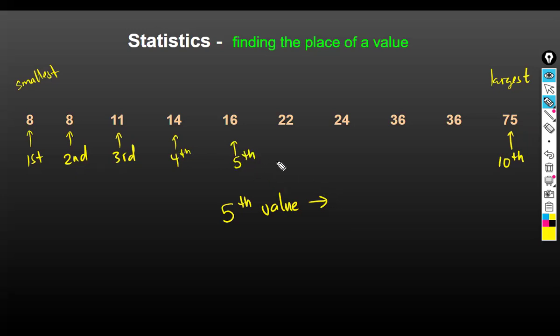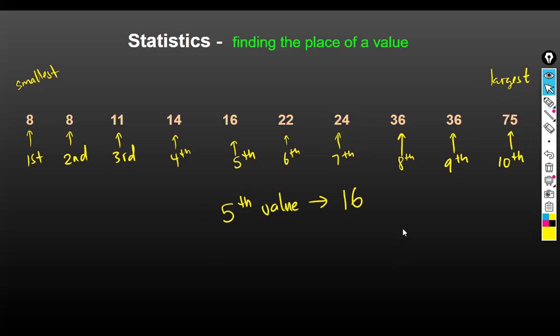So the 5th value is 16. No tricks. And I can even call this the 6th value, and then the 7th, 8th, and 9th. If I ask you what's the 7th value, you know the answer is 24.